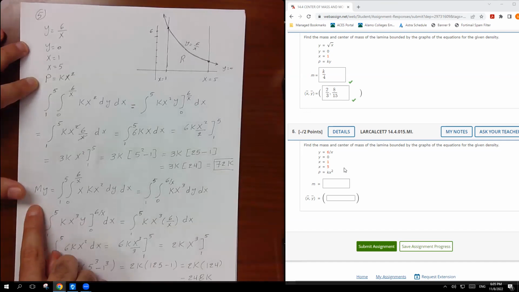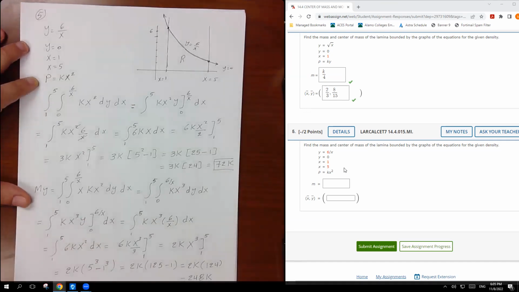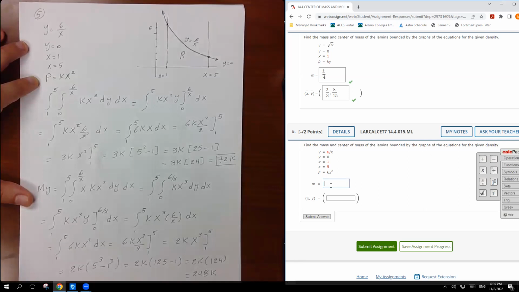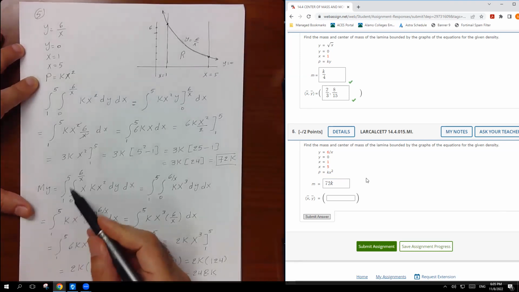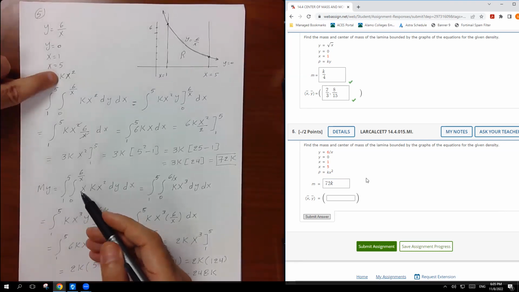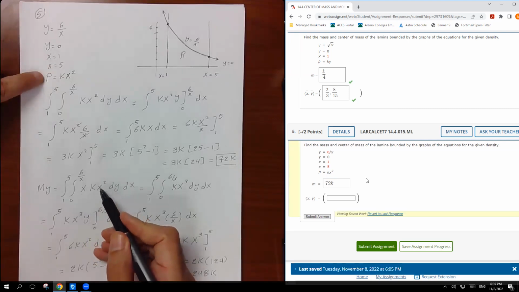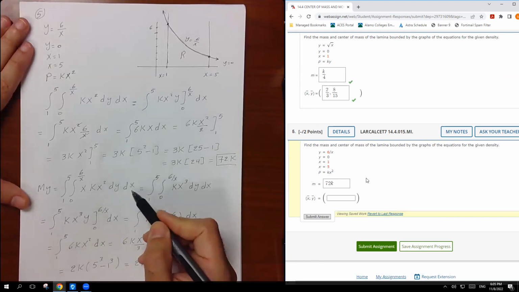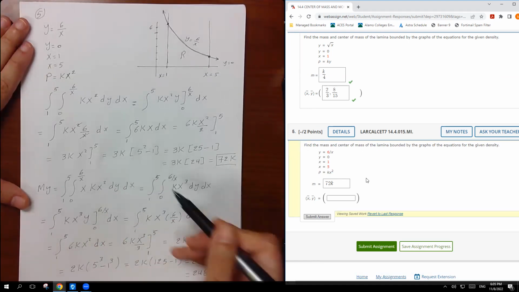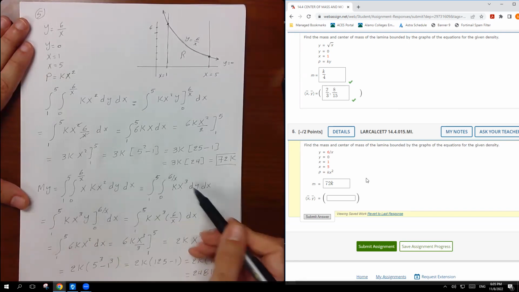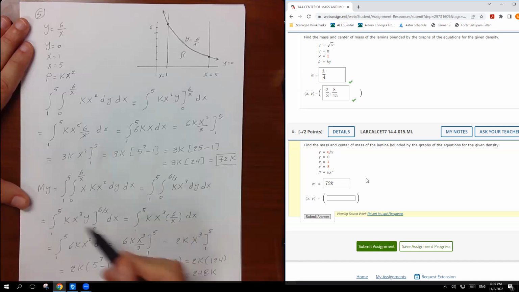Now we need to find m sub y. m sub y is the integral from 1 to 5 of x times kx squared, dy dx, because we need to find m sub y. That's x times x cubed. We need to find the integral with respect to y, so it's x cubed y, where the whole thing is a constant.